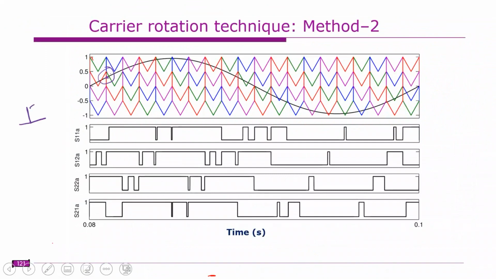The width may be 1 microsecond or 2 microsecond. This is known as narrow pulses, and that is one of the drawbacks of this method. But if you use a high speed processor, this can be eliminated.